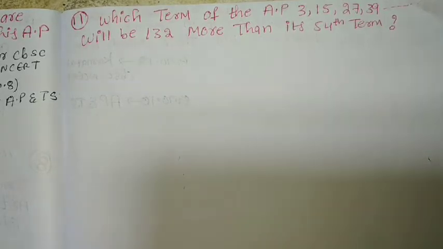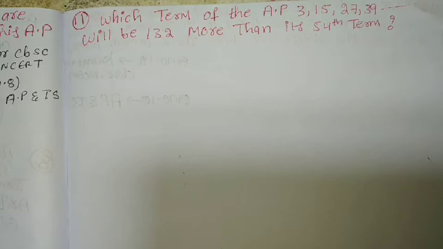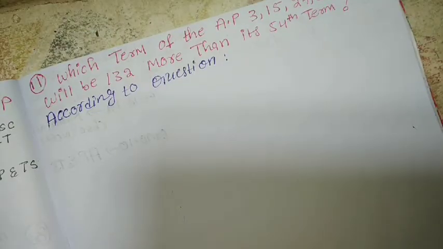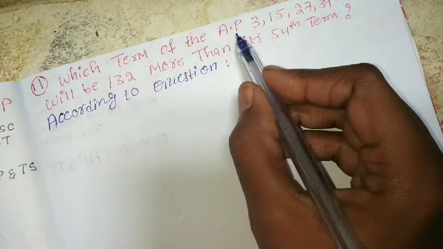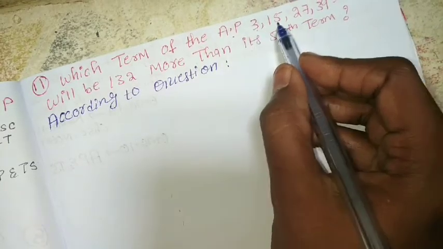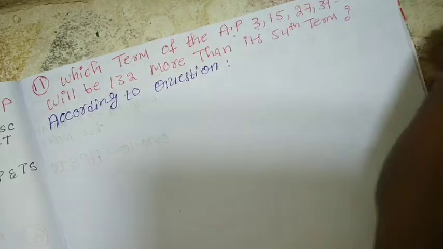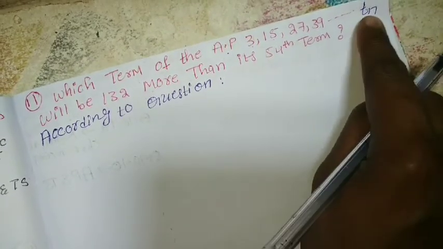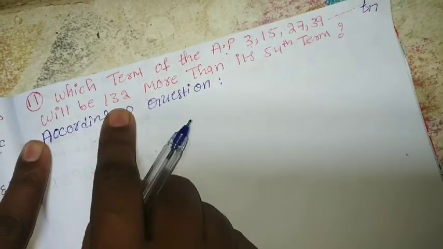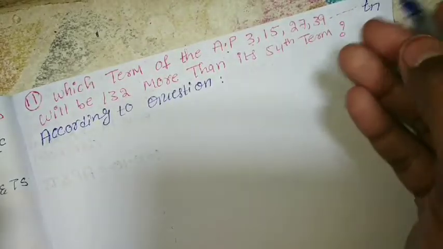We need to find it, but by the question we can write like this. According to this question, in the arithmetic progression they gave 3, 15, 27, 39 up to the nth term, that is Tn. So Tn will be 132 more than its 54th term.